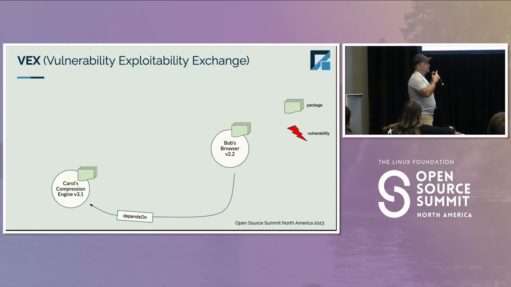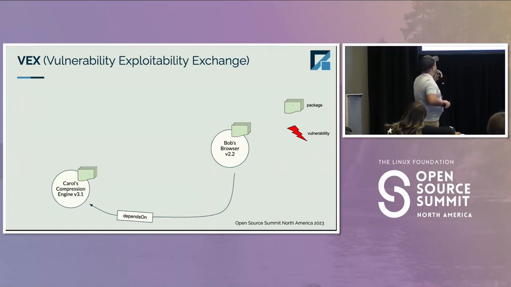And the same is true for the impact of the vulnerability with a given piece of software. So I'm going to retake the example of Bob's browser. I took a subset of that by centering on Bob's browser. Bob's browser contains a version of Carl's compression engine.